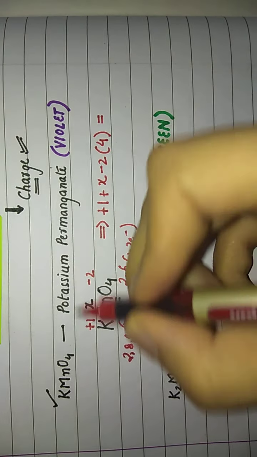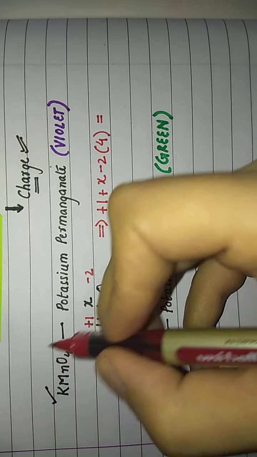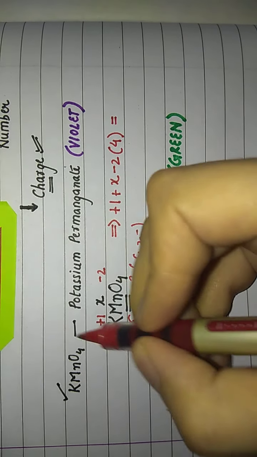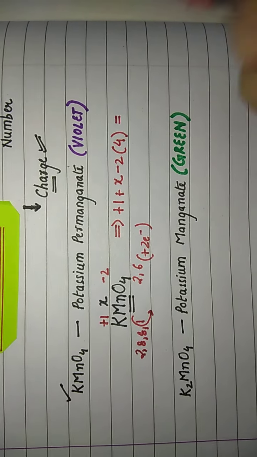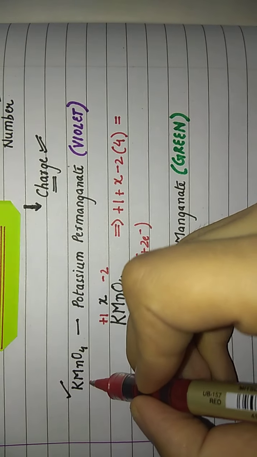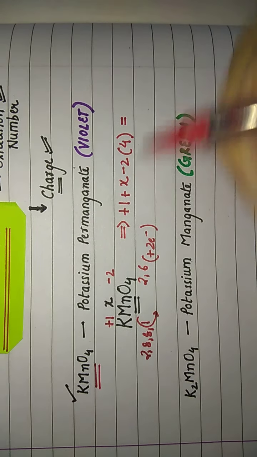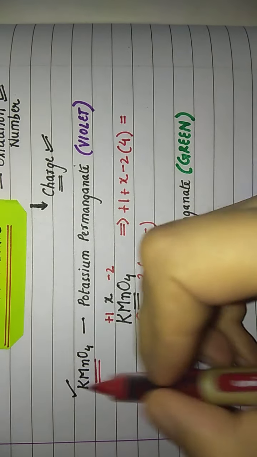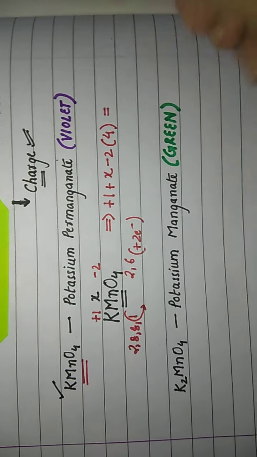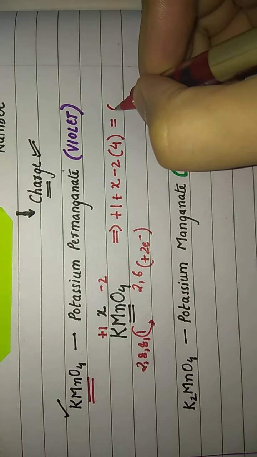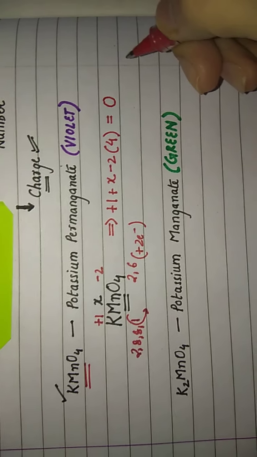The net charge present on this particular molecule is 0. Why? Because we know that KMnO4 is an electrically neutral molecule. I have not written any charge over this whole molecule here. That means the total charge on this molecule is 0. So when I sum up these charges, I equate it to 0.